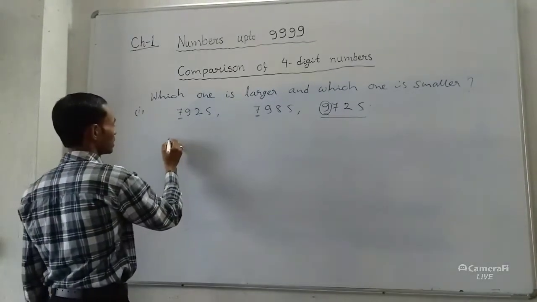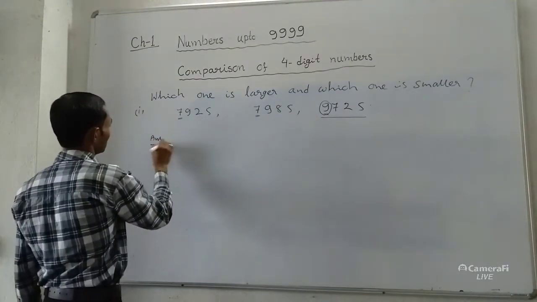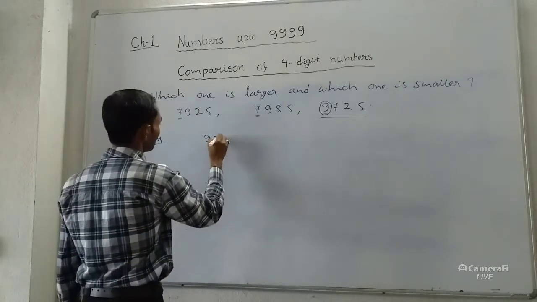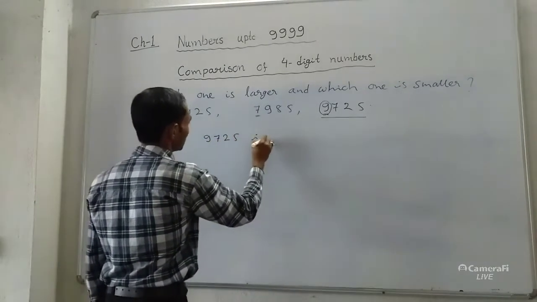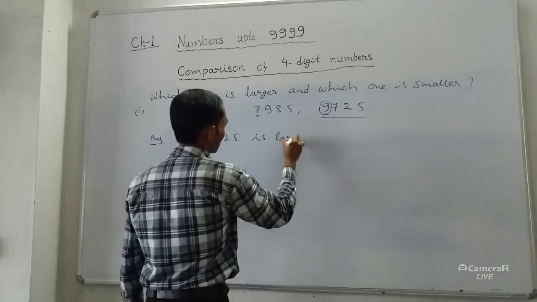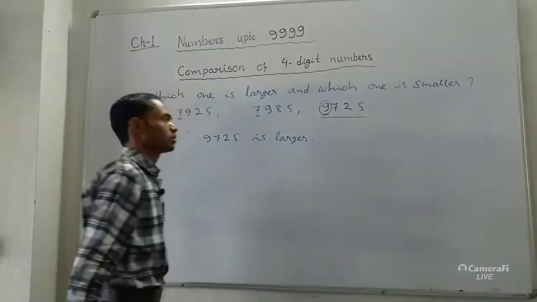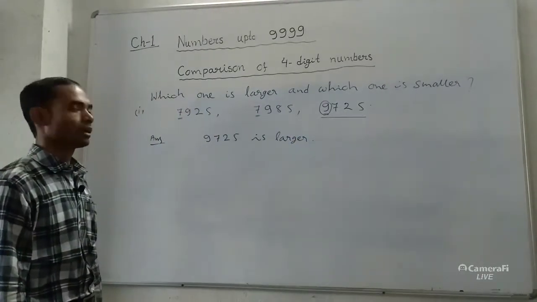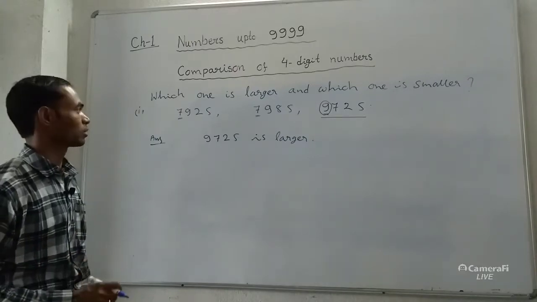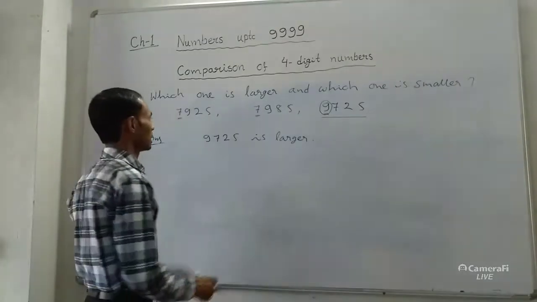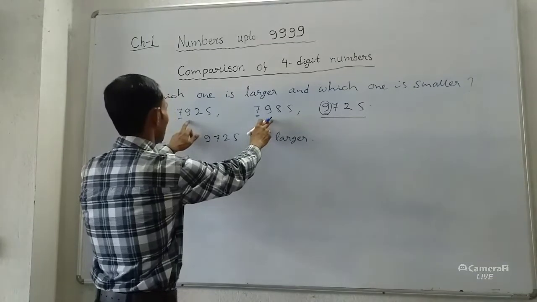So we get our larger number in the answer. 9725 is larger. This one is the larger one. Now we have to find the smaller one. So smaller will come between these two numbers. Let us check.